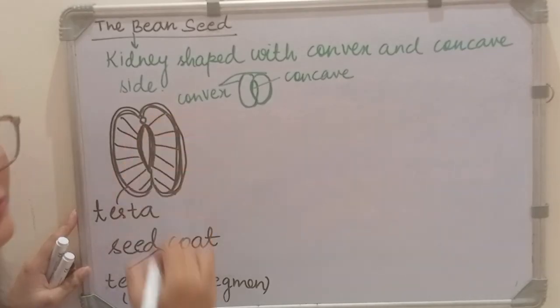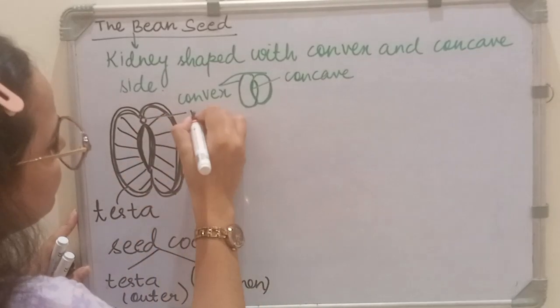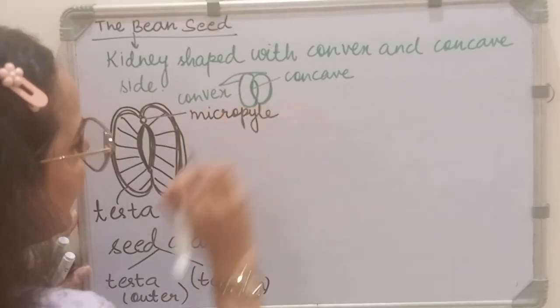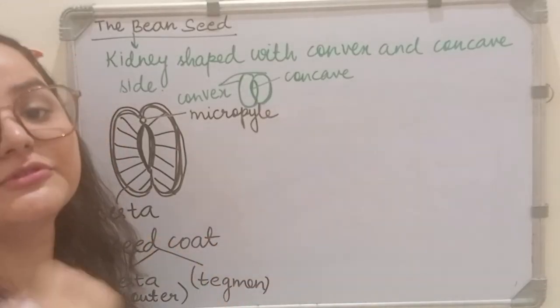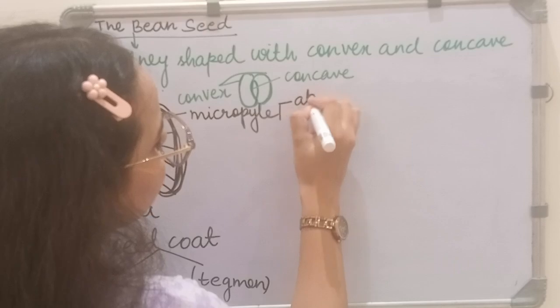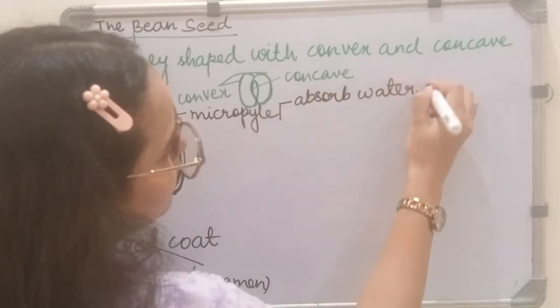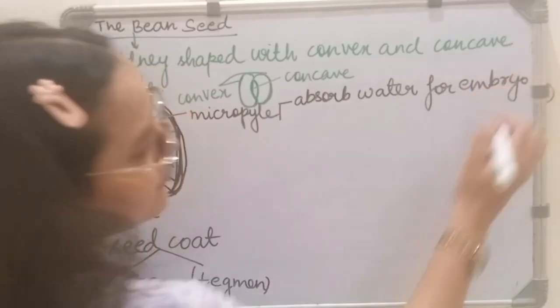Now, this small opening is known as micropyle. And the function of micropyle is to absorb water for the embryo.